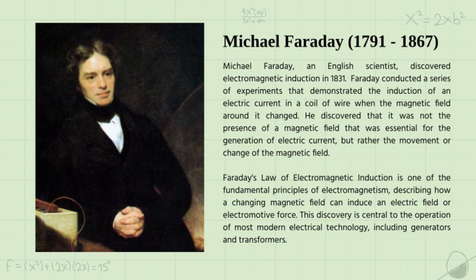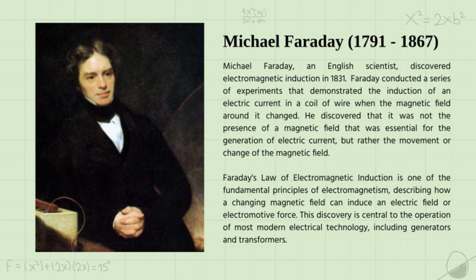Michael Faraday, an English scientist, discovered electromagnetic induction in 1831. Faraday conducted a series of experiments that demonstrated the induction of an electric current in a coil of wire when the magnetic field around it changed.